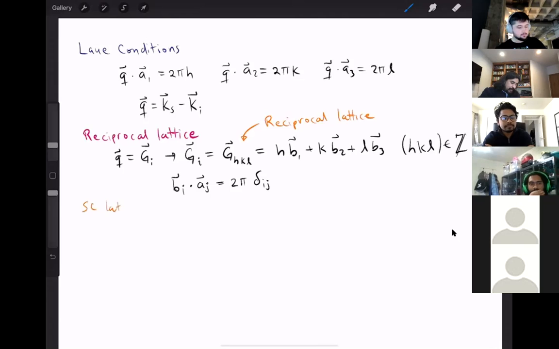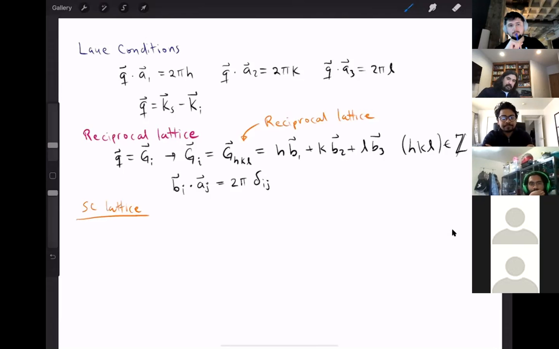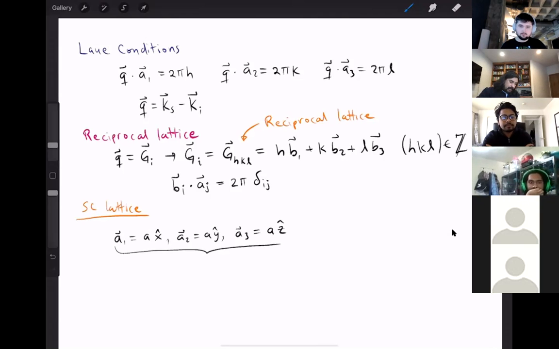A simple cubic lattice, okay? This is an example. So in the simple cubic, you have 3 vectors. The simple cubic is the simplest one. And these vectors are your unit vector in the x direction, your unit vector in the y direction, and they're all the same size a, and the unit vector in the z direction. So this is the space lattice.